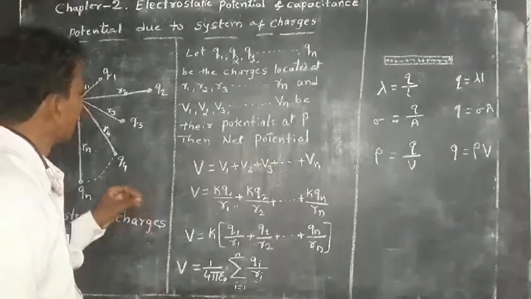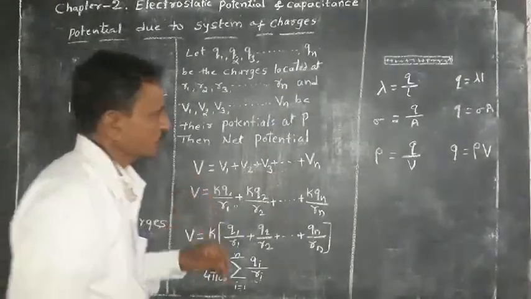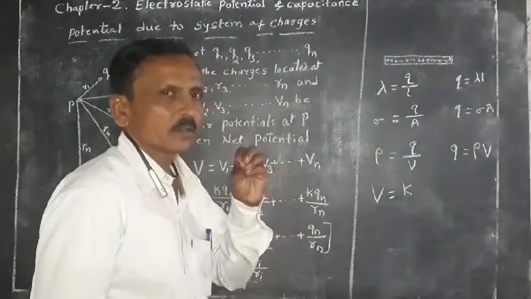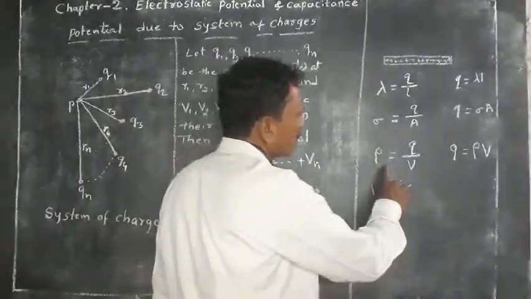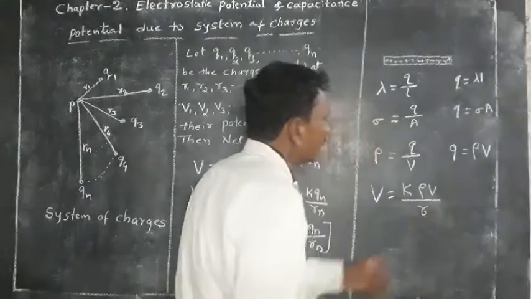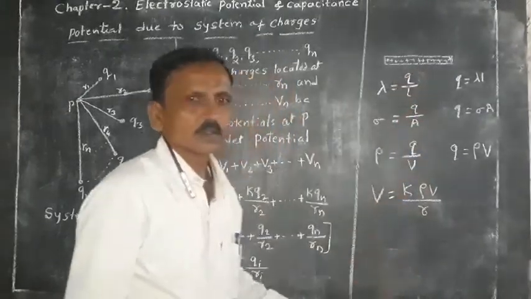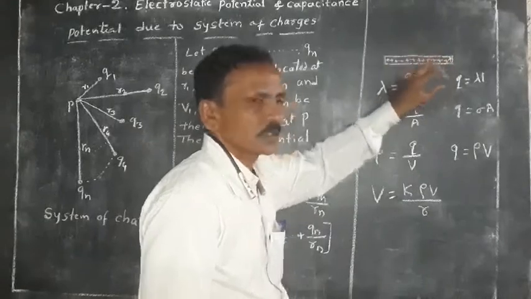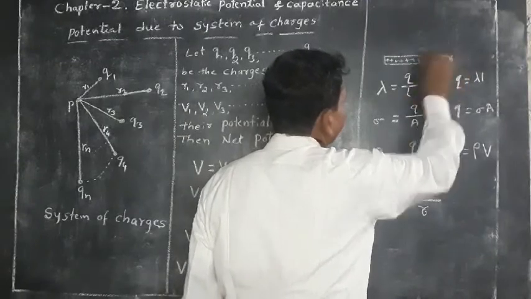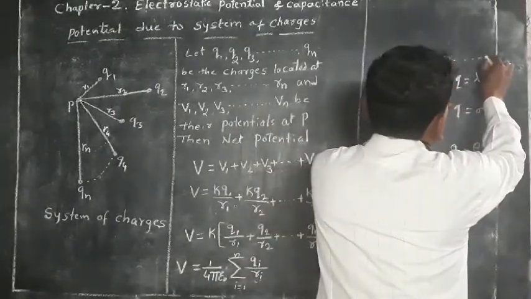potential at a point due to continuous charge distribution as phi equal to K Q upon R, where for volume charge density Q equal to rho into V. Here R is the distance of the point from the charge, and in this case we divide this length into small elements of delta L, and then we can find potential at any point from this conductor.